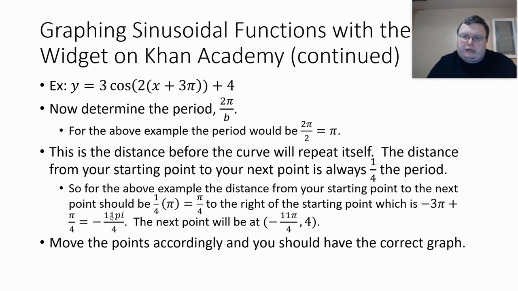So 1 block was half of a pi, and halfway in between, you can move the points to be half of a grid box on your graph. Half of that would be 1/4. So you have to be really careful with that and go negative 11 pi over 4.